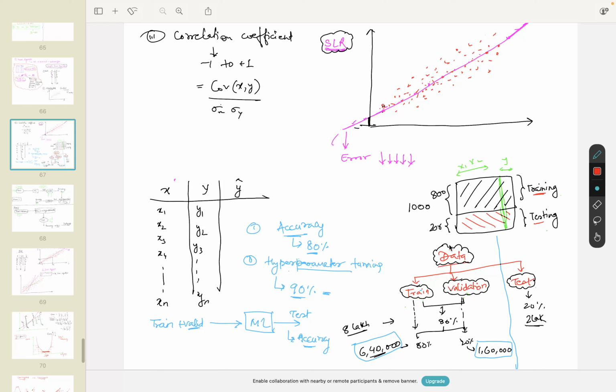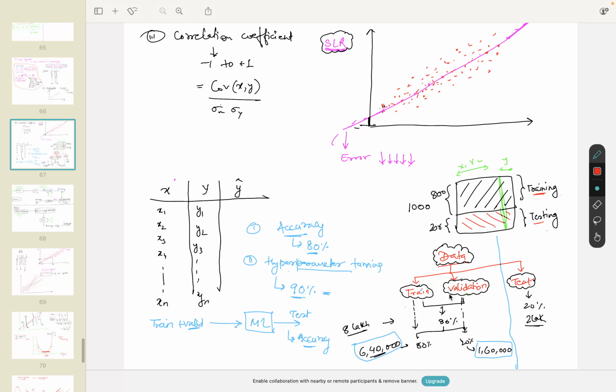So if we have enough data, meaning very large data, millions of records, what we do is divide this training data itself into two categories: the train data and the validation data.